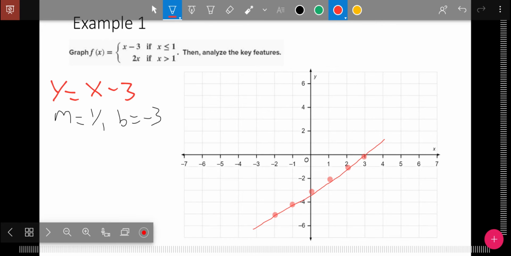And then I'm going to address this constraint. X is less than or equal to 1. Well, x is 1 right here, and so I go down to the graph right here and say, okay, that's where it hits 1. It's less than or equal to, and so I remember that's a closed circle.